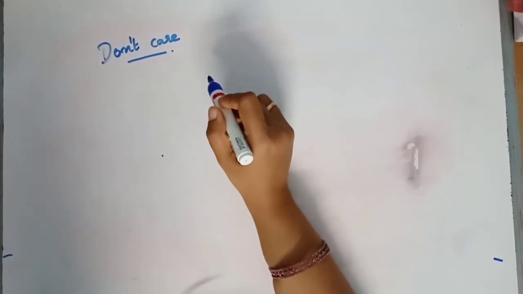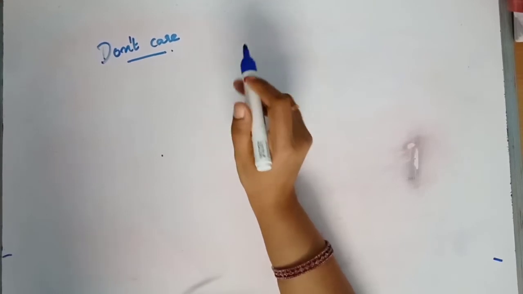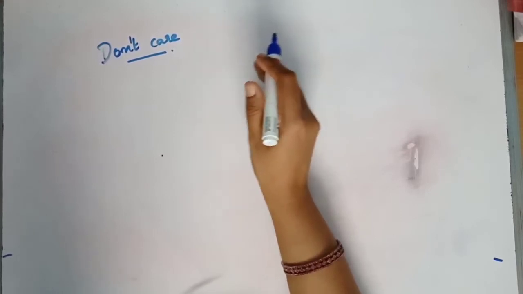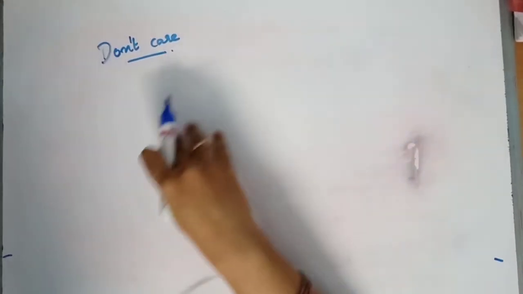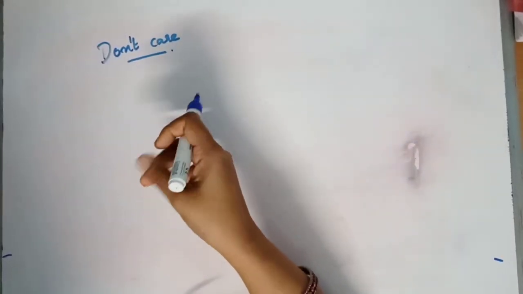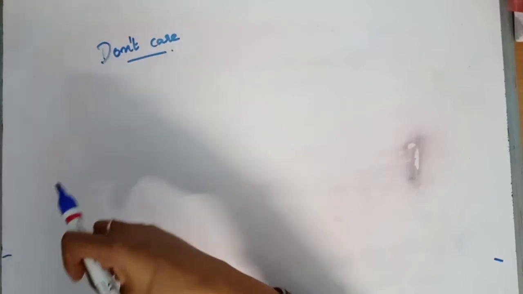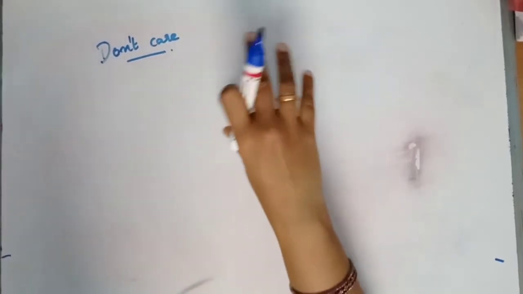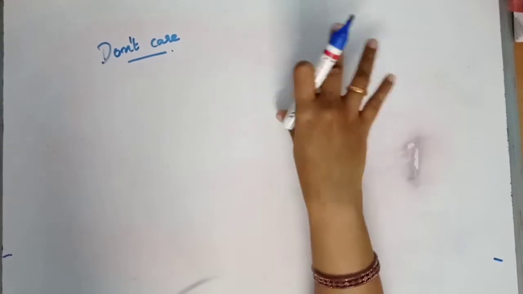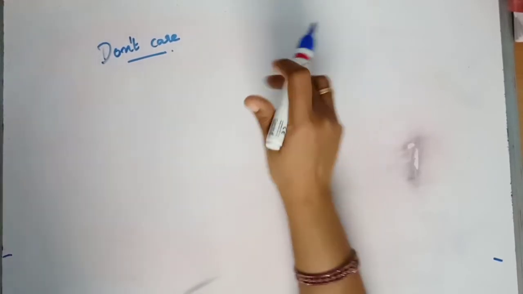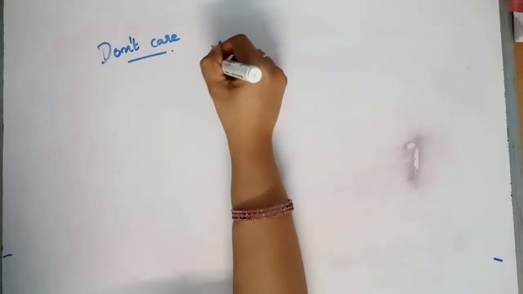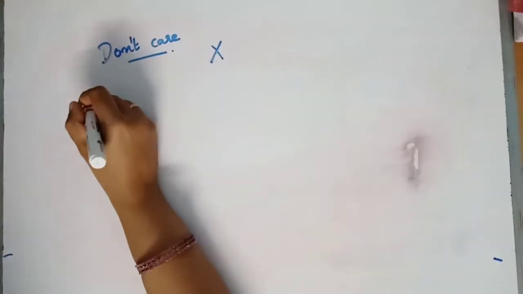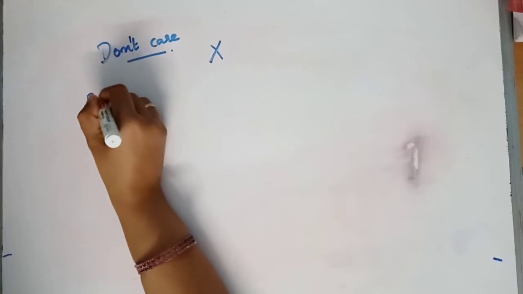In POS you are writing 0, that is in POS you know when the output is 0. Now don't care is a situation where you don't know what the output is. Output is unknown.